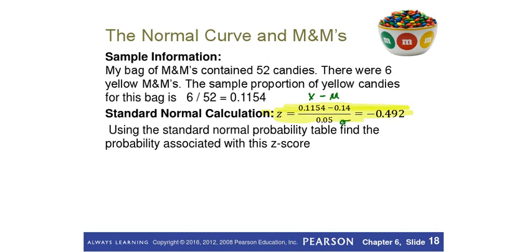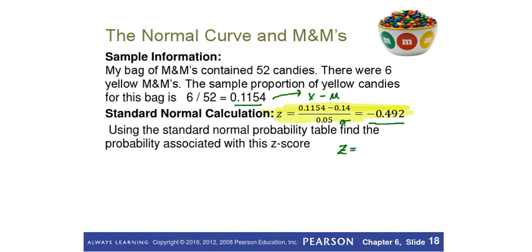Here, our population mean is 14%, but our actual bag's value is 0.1154. So we take that difference and divide it by 0.05. You can pause the presentation and check that out for yourself. We get negative 0.492.